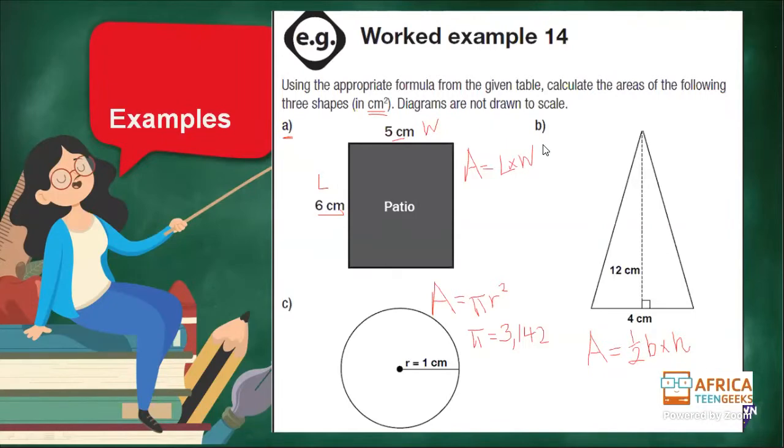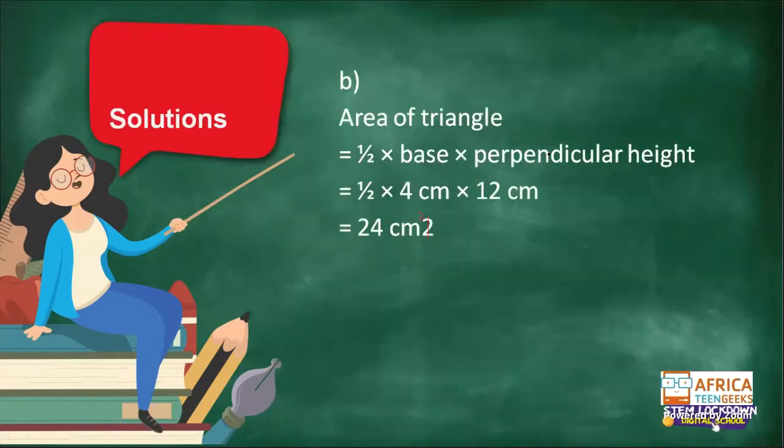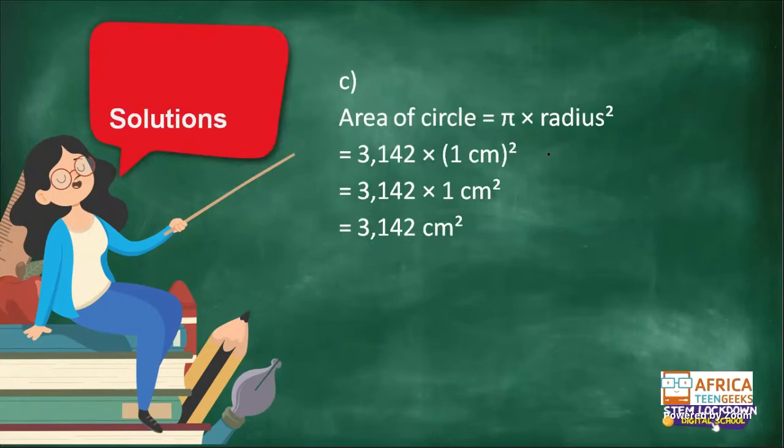Okay, now let's see how well you guys did. Now again, write the formula A, pi times r squared. Your pi is 3.142 times 1 centimeter squared. Remember, 1 centimeter squared actually means 1 centimeter times 1 centimeter.